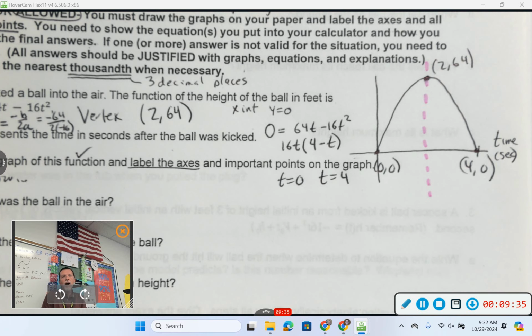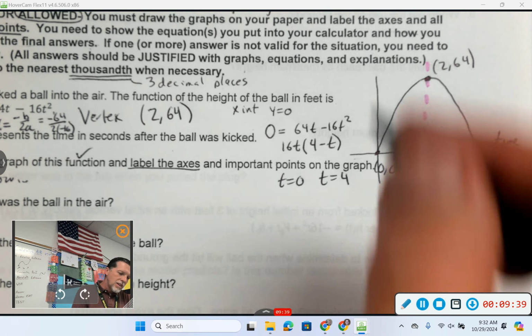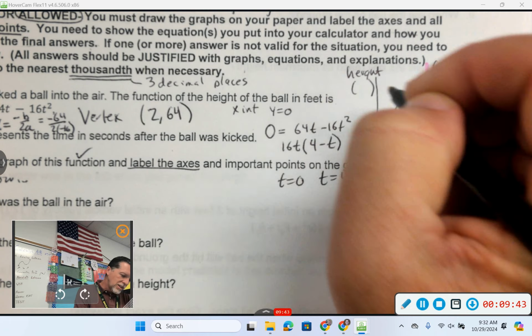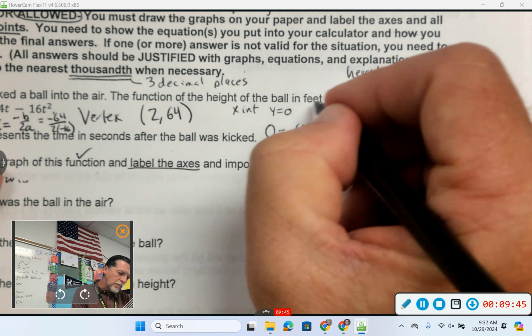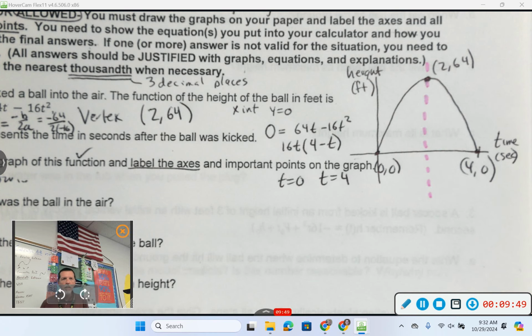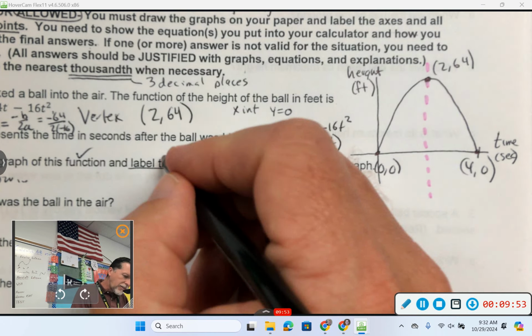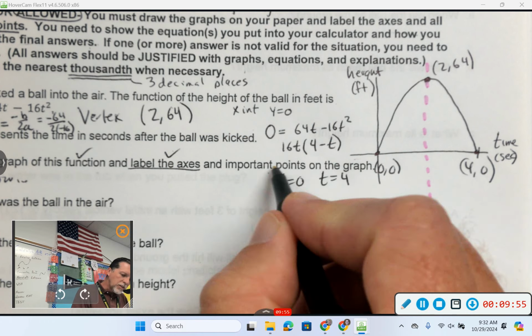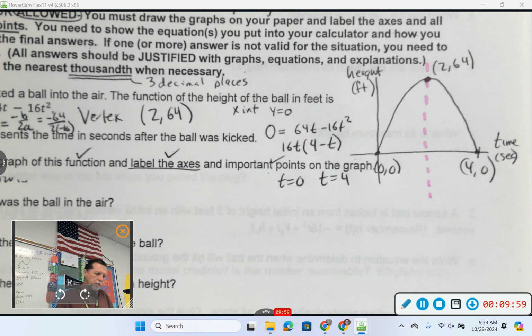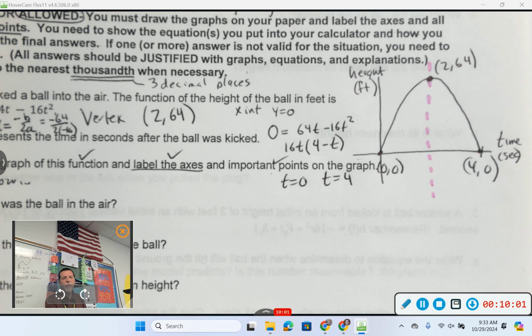What about my y-axis, my dependent axis? What depends on time? Height. And that's measured in feet. Okay, so now I've got, draw the graph, label the axes, important points, we got those, the vertex and the intercepts. Okay, now we can start answering questions here.